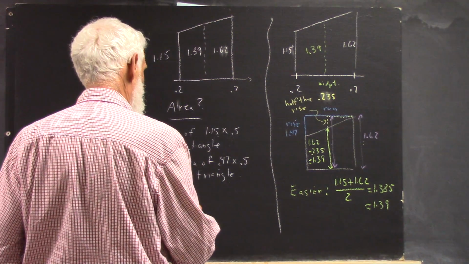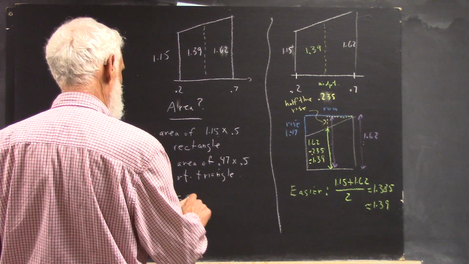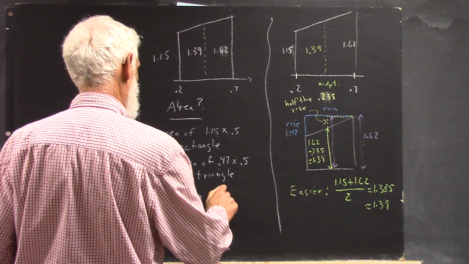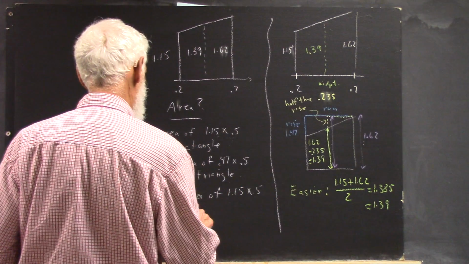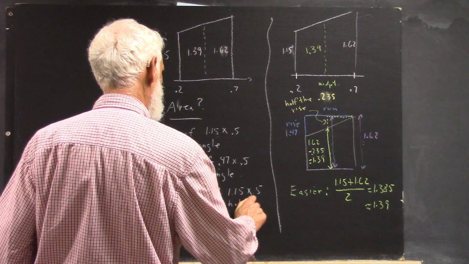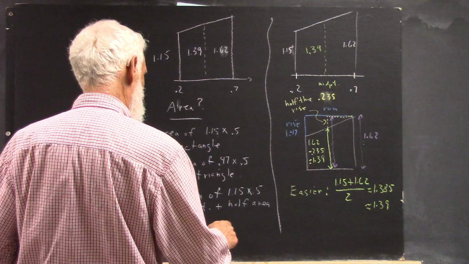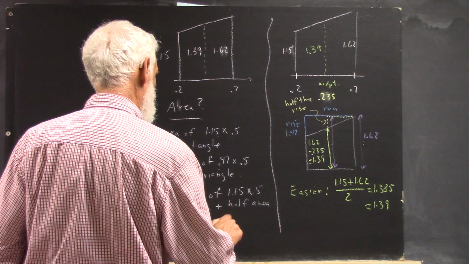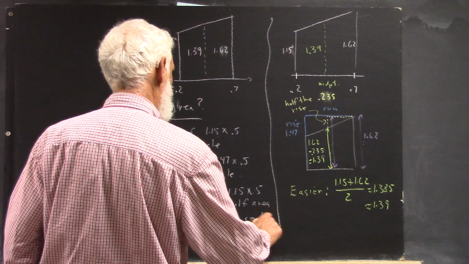Okay. So that's the area of a 1.15 by 0.5 rectangle plus half the area of a 0.47 by 5.5 rectangle.